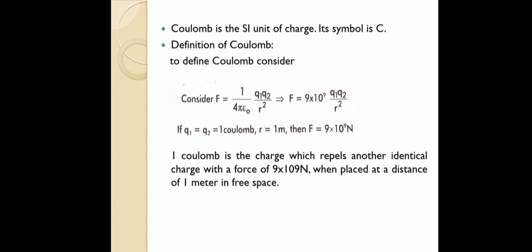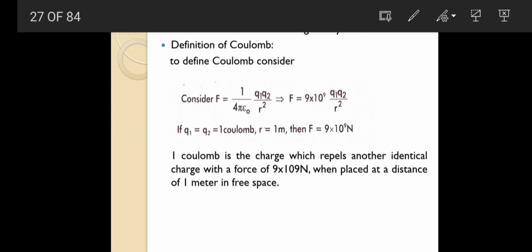Now we know that Coulomb is the SI unit used to measure charge. The symbol we use is C. Now how do we define the Coulomb?